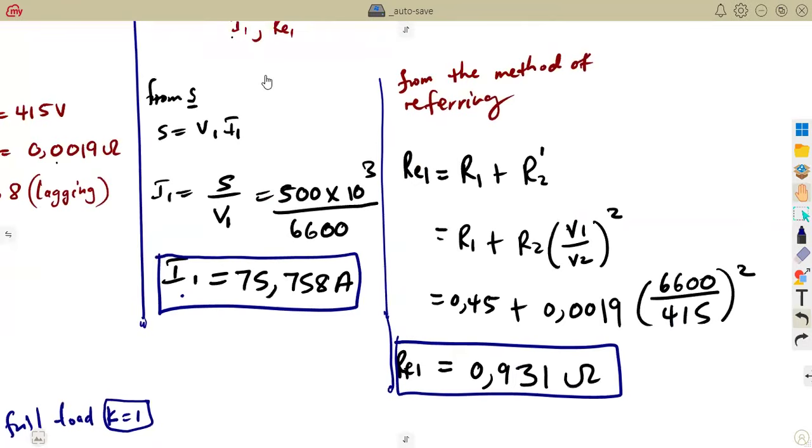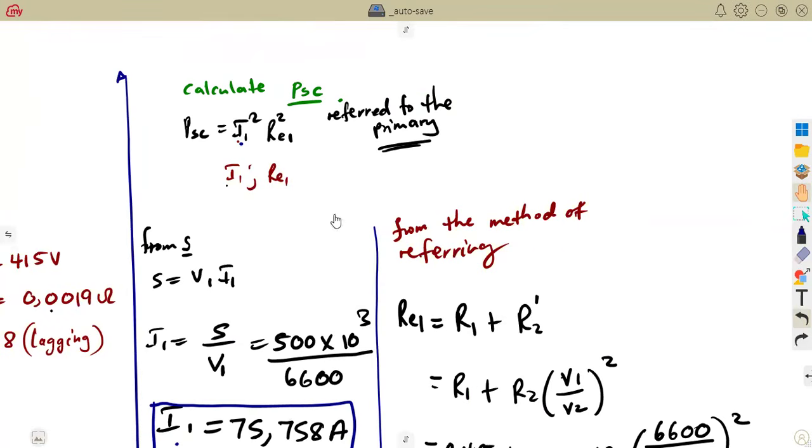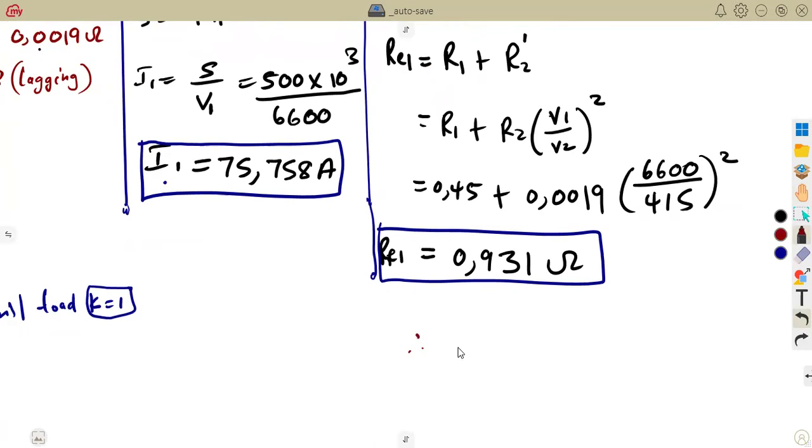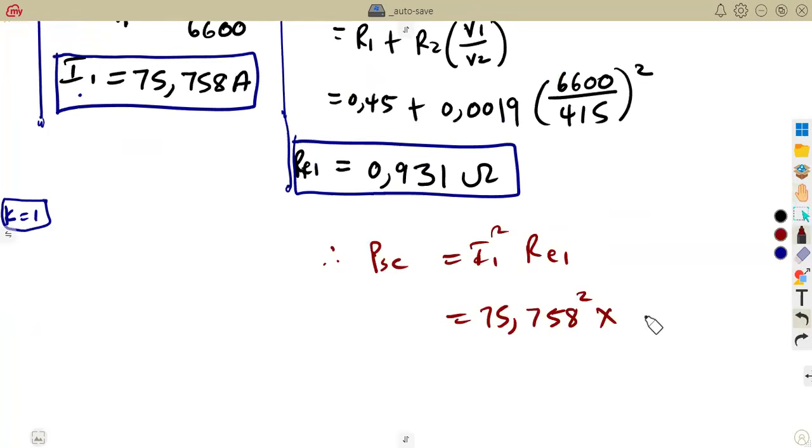Let's calculate our short circuit. Remember our formula here, the one that I said we're going to use. So therefore, our short circuit power was going to be I1 squared RE1. We have I1, 75.758 squared, times the equivalent resistance referred to the primary, which we calculated, 0.931. That was going to give us the short circuit power, just like that.